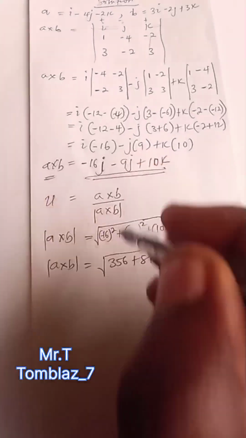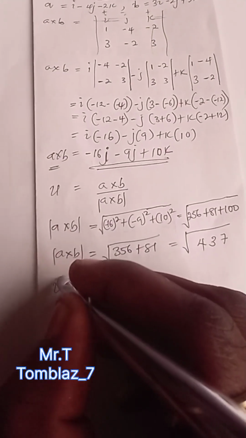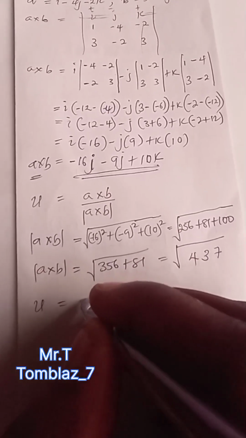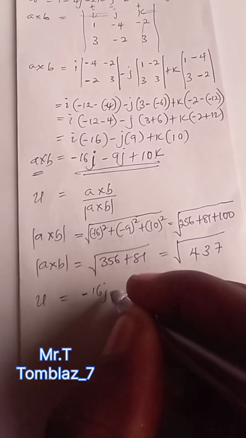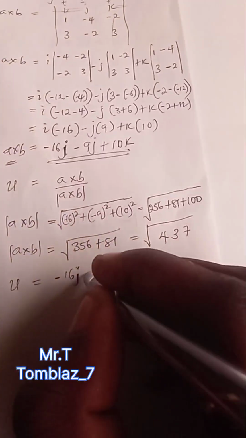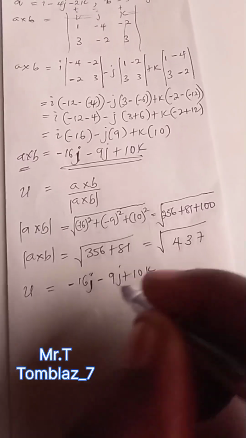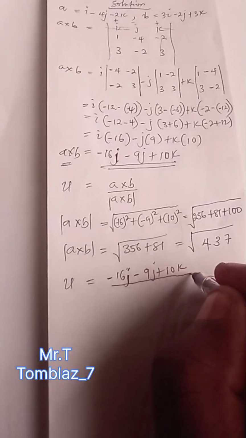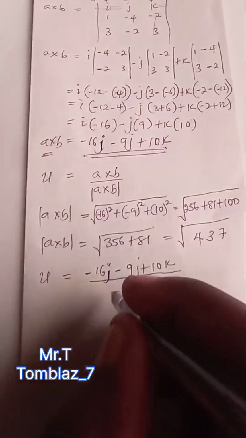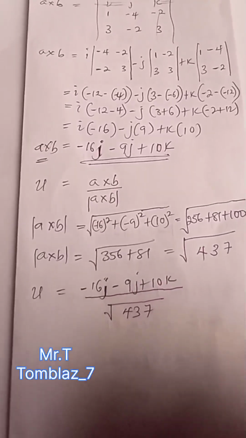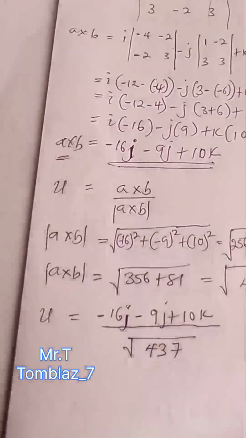And then we can put it here now. So our unit vector is going to be the value minus 16i minus 9j plus 10k all divided by square root of 437, right?